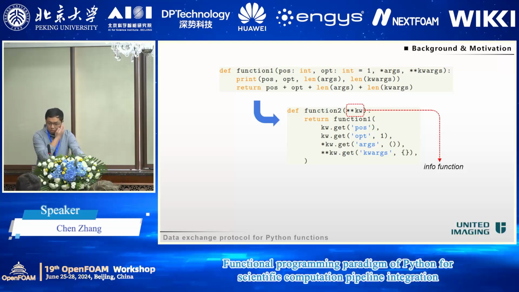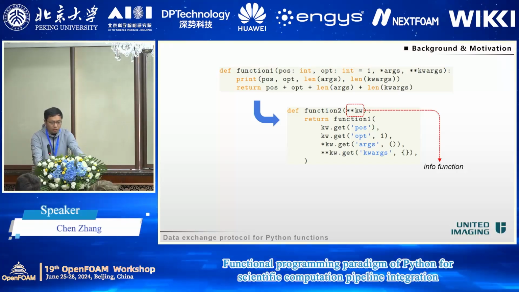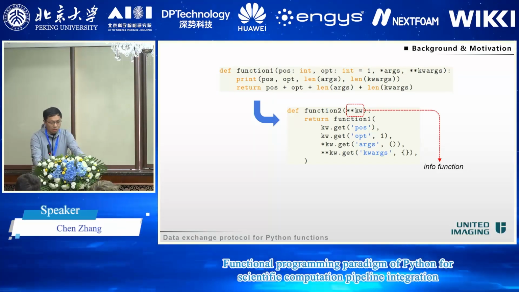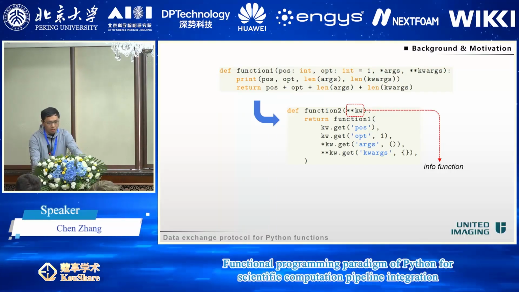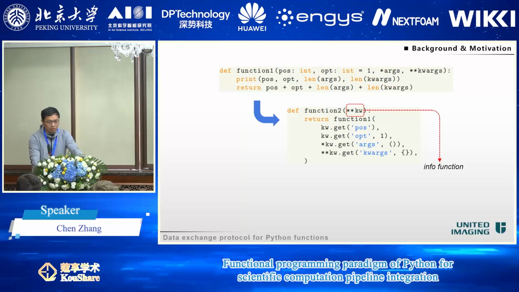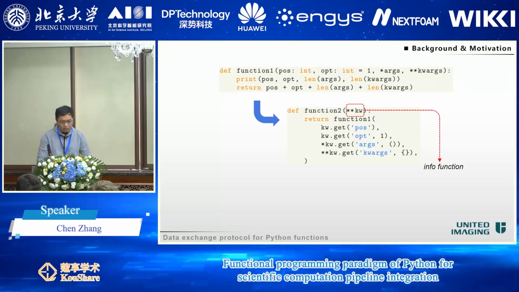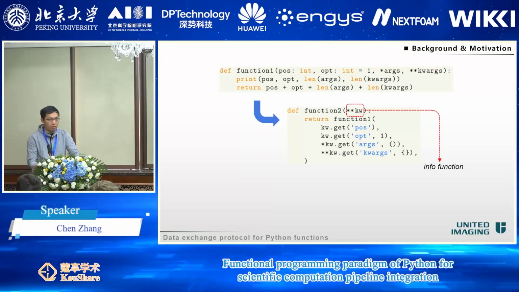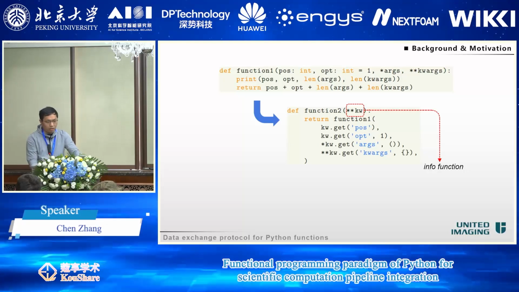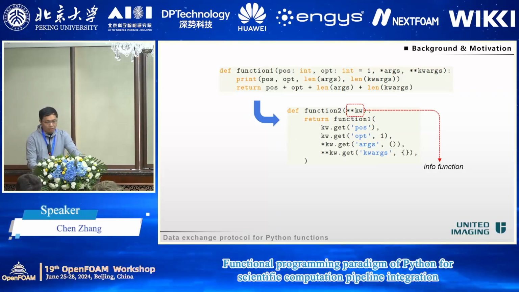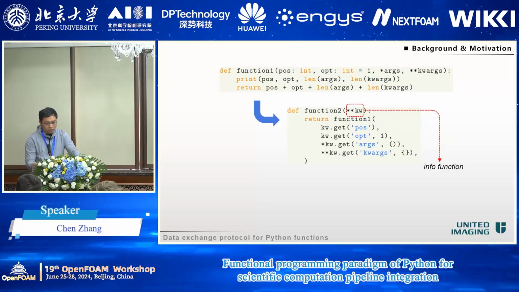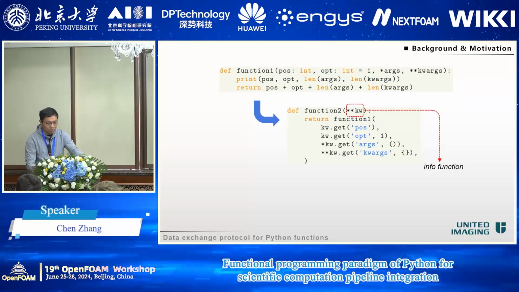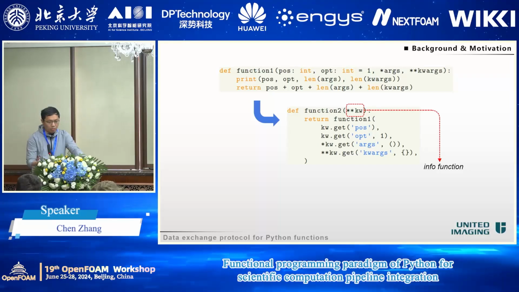Function one demonstrates the four typical argument passing approaches in Python, through which the definition and invocation of Python functions is very flexible, but it is ununified in data processing and parameter control. So it is very important to have a unified format.